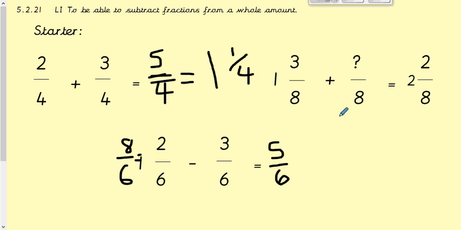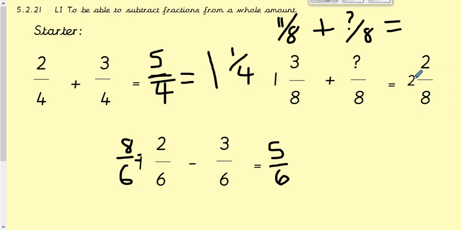This one is a bit trickier because you had to work out the missing number. So we have 1 whole and 3 eighths, add something equals 2 whole and 2 eighths. So for this one, you could convert them into improper fractions. So 8 times 1 is 8, add 3 on is 11. So that is the equivalent to 11 eighths. So 11 eighths add something eighths equals, so we need to convert this into an improper fraction.